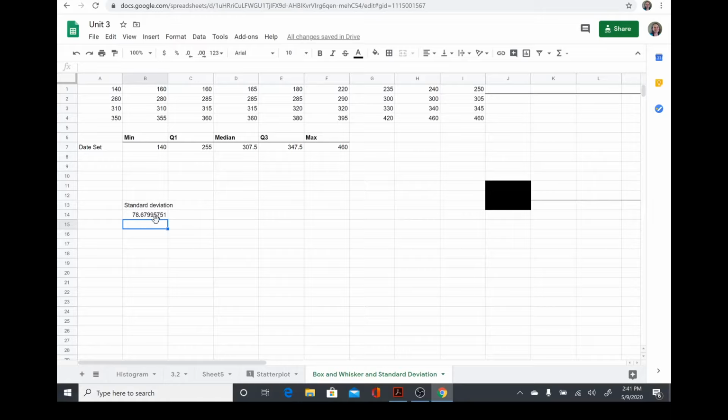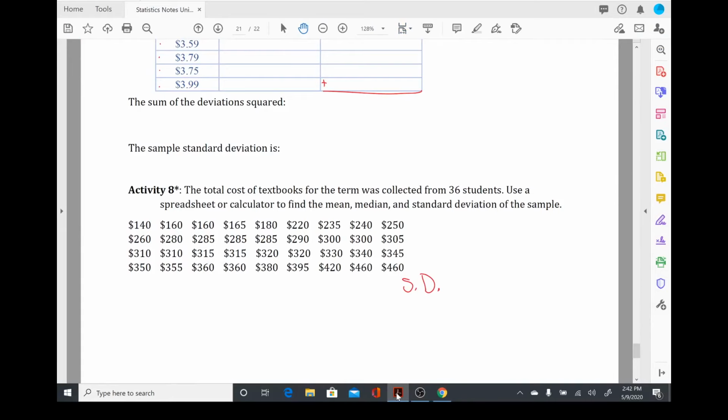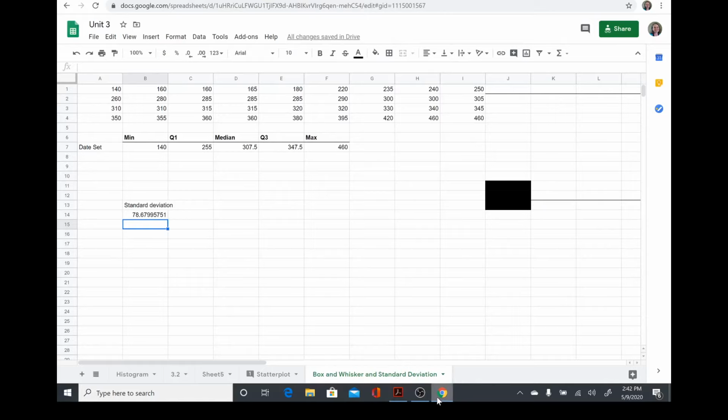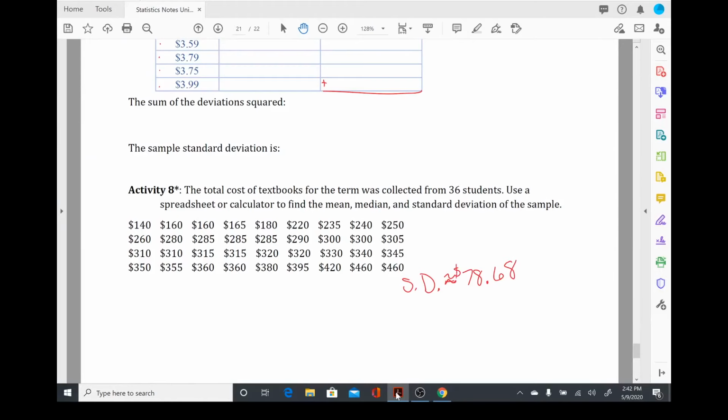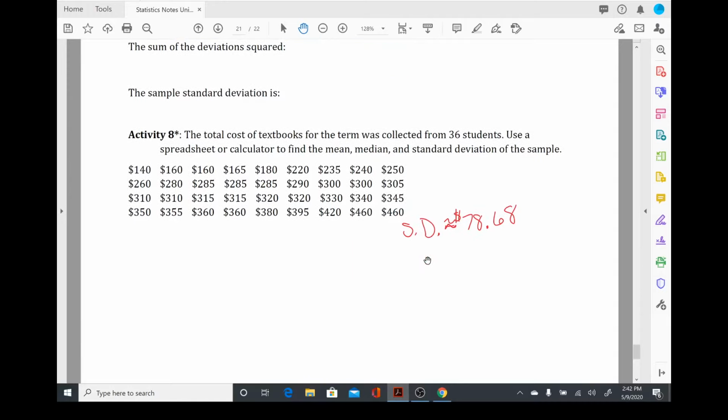Well, we'll have to round that up to 78.68. Deviation is about 78.68. And we were in dollars, so I should keep my units. So that was a lot easier than the process that you'd been practicing before.